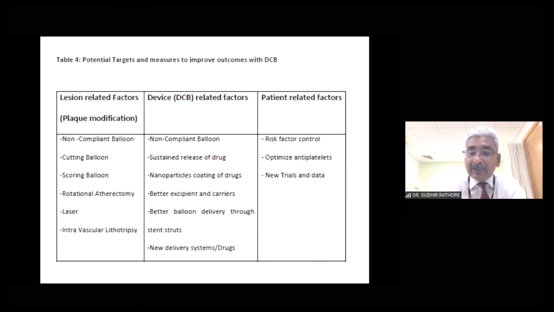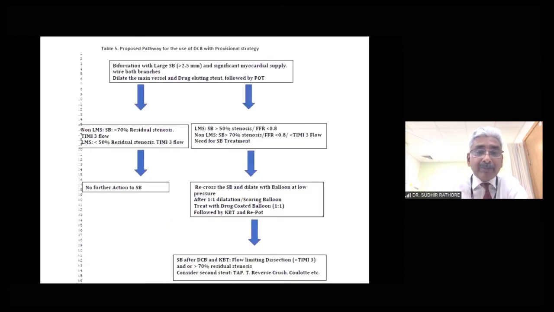And obviously, we need to get some new trials and data to prove this hypothesis. Now, this is one of the things we have proposed: bifurcation with a large side branch, more than 2.5 millimeter and significant myocardial supply. I usually wire both branches, dilate the main vessel, and put the drug-eluting stent followed by POT.